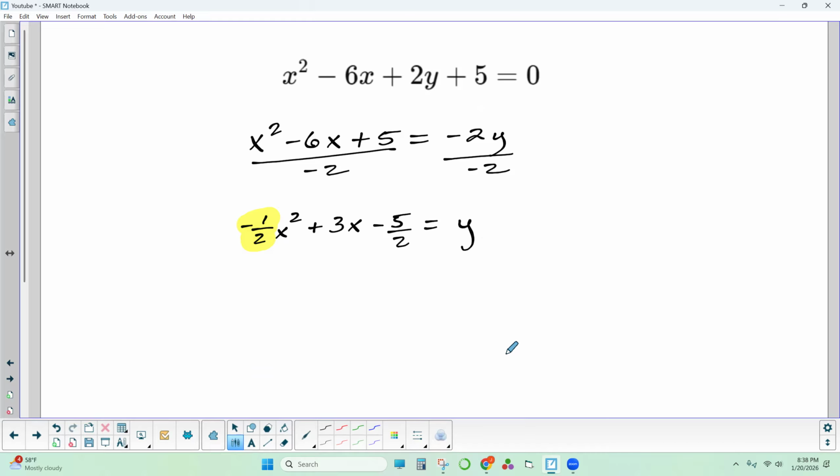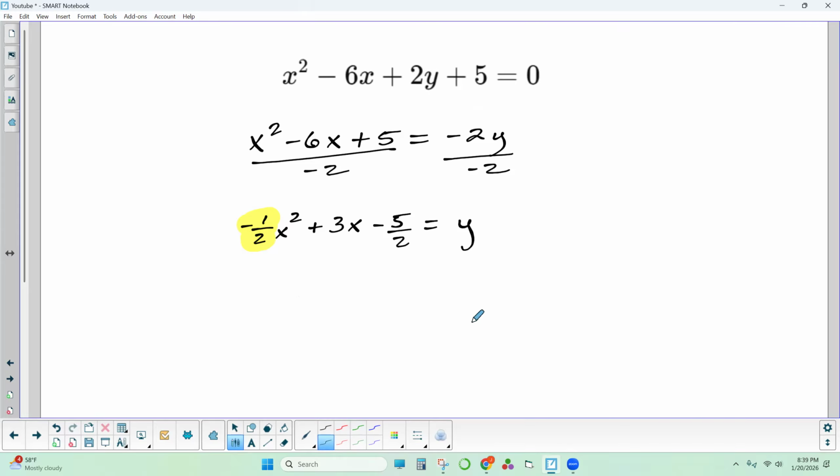All right, so now we're going to complete the square. When we complete the square, you're asking what number do I need to add so this expression becomes a perfect square? We have a little bit of work to do first. We factor the leading coefficient only from the squared and the linear terms, never from the constant term, and this must be done before you complete the square.